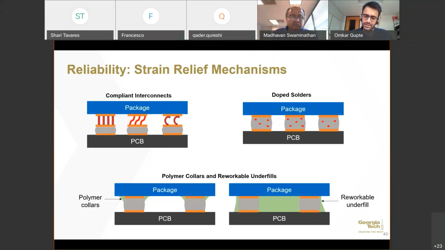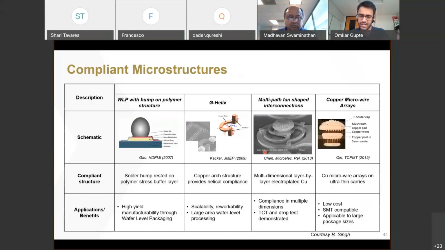So it would still help with the reworkability, because the solder can still be remelted and the entire package can be reworked, since the compliant interconnection would be at the base, connected to the package and not to the board side. So that would still be reworkable, but yes, with the polymer collar, we would not have as much reworkability as with the reworkable underfills.